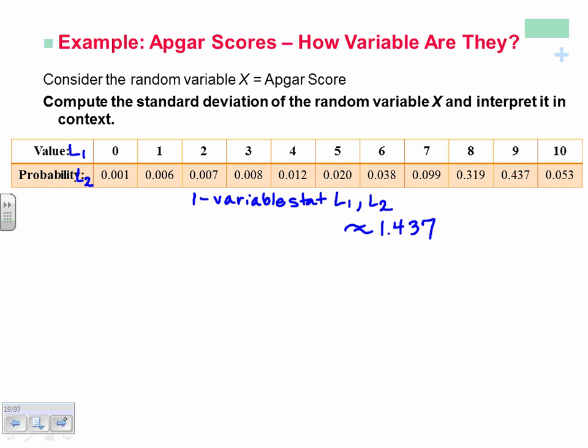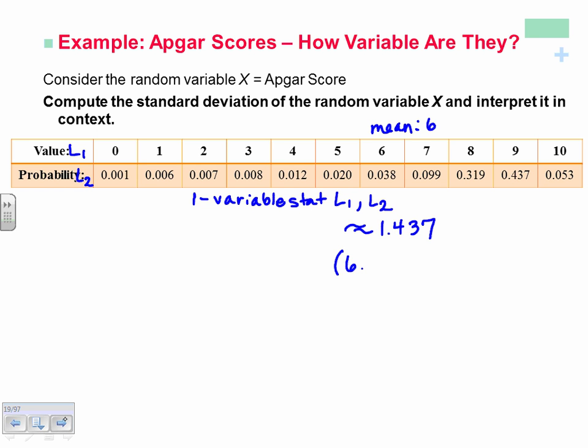Okay, so what does this mean? Interpret this. It tells us that, on average, babies' APGAR scores will differ from the mean by about 1.4 units. So the majority of them will be within 1.4. What was my mean?